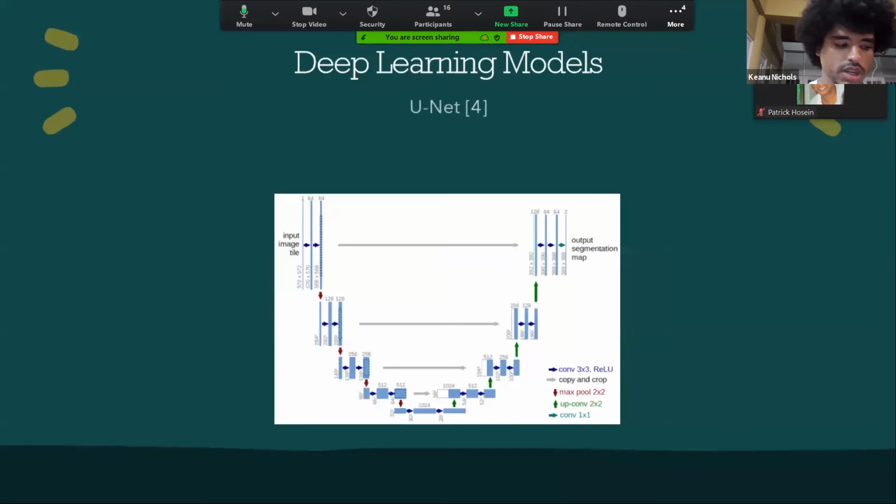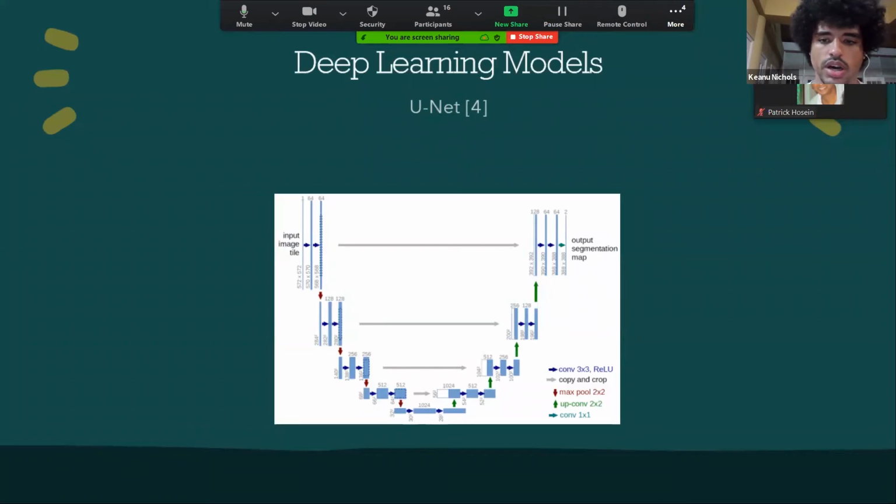The next one we looked at is UNet, which is a model I spoke about a few months ago. I used it for one of my problems. This one uses transpose convolutions, or deconvolutions, so it is quite expensive.